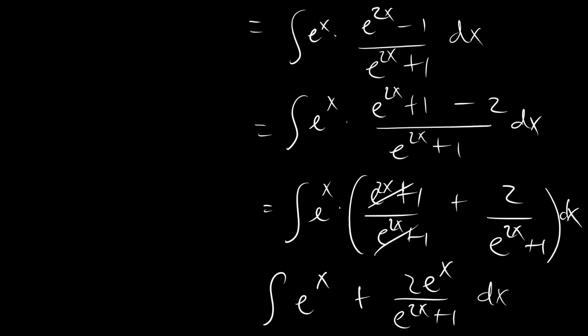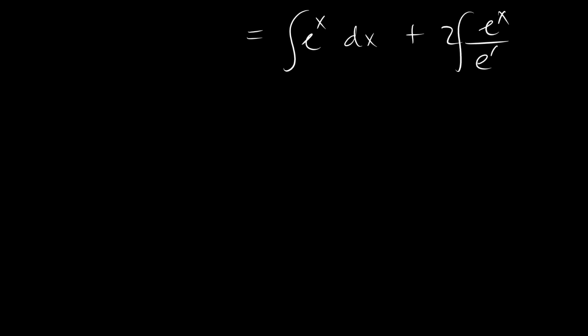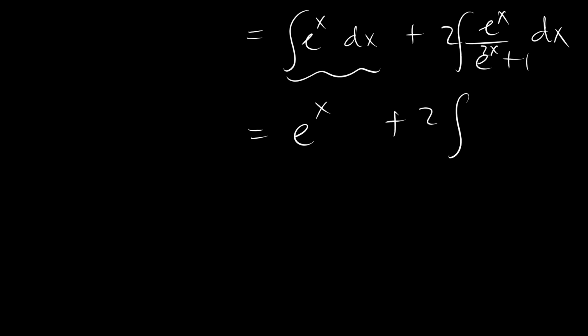Okay, so what we have here is e^x times twice e^x over e^(2x) plus 1. So this is easy because this is the same as e^x plus 2.